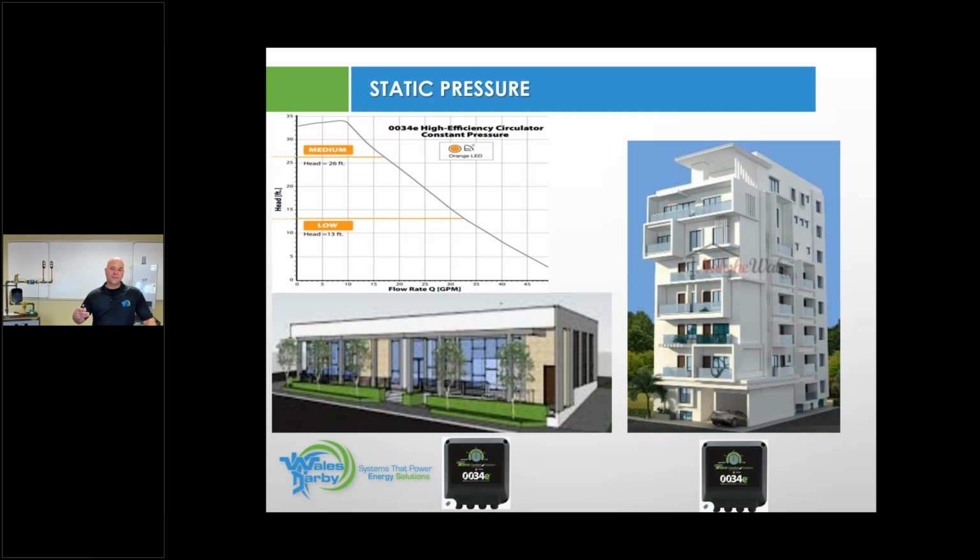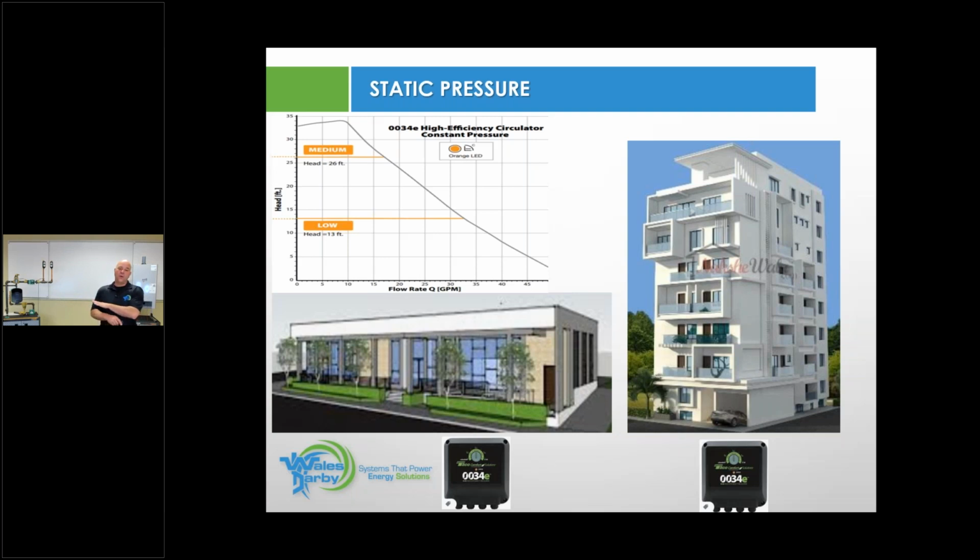So to lift the water from the lowest point in the boiler to the highest point in the system, that's static pressure. That deals with your feeder, your expansion tank, how they work together, and the ability of a boiler to hold the pressure.